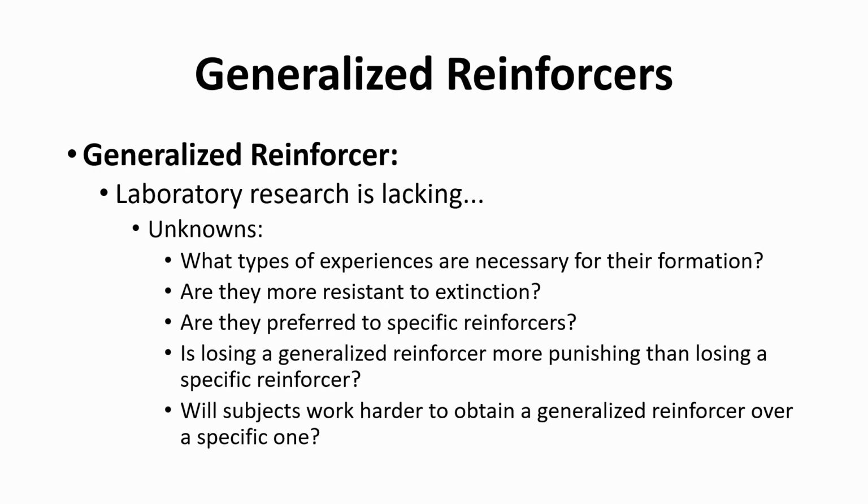And as I said, we don't really have any hard answers to these questions. And what that usually means is that some research will say that, yes, generalized reinforcers are stronger, better, more resilient than specific reinforcers. And then other research will say the exact opposite.